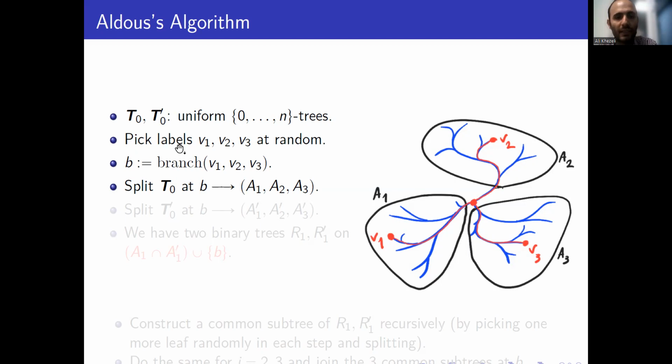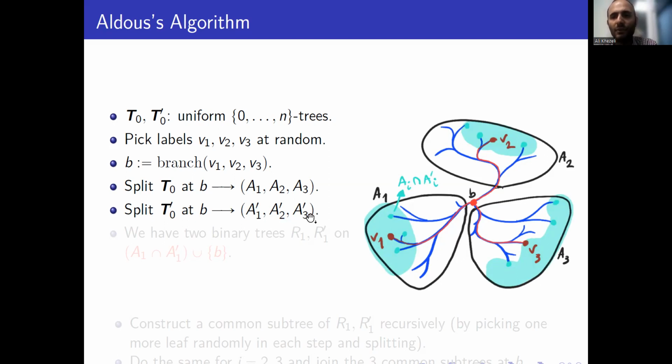Now pick 3 labels, V1, V2, and V3 at random with a uniform distribution, and consider the branch point determined by these 3 leaves, call it B. Split the big tree at this branch point. It gives a partition A1, A2, A3 of the leaf set, and do the same for T prime. It gives us another partition, A prime 1, A prime 2, A prime 3.